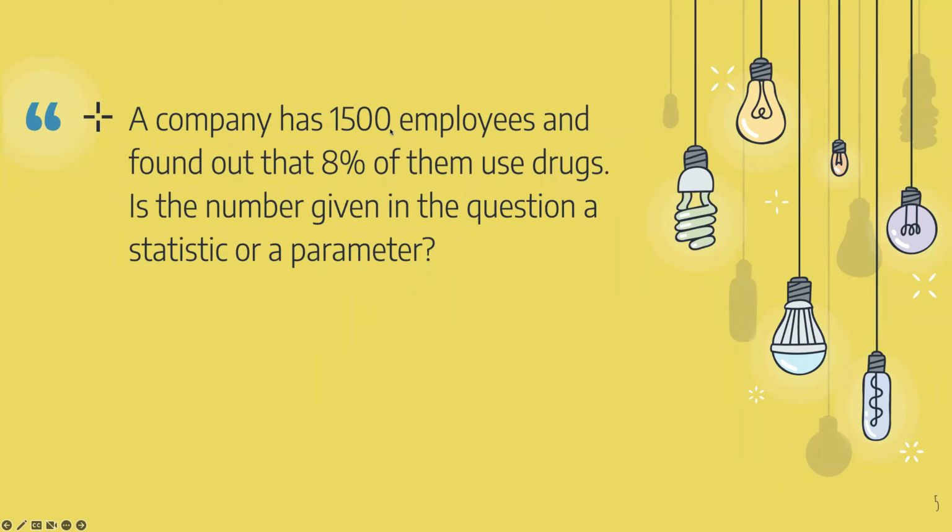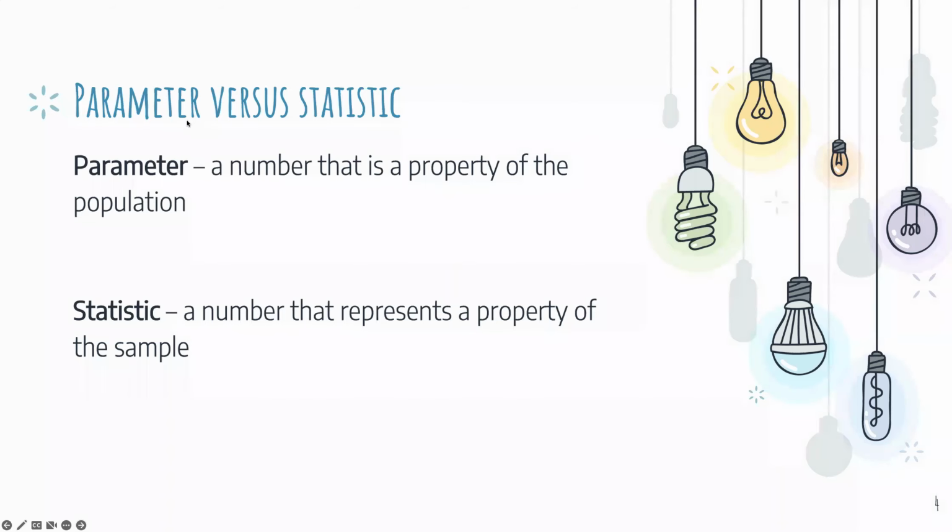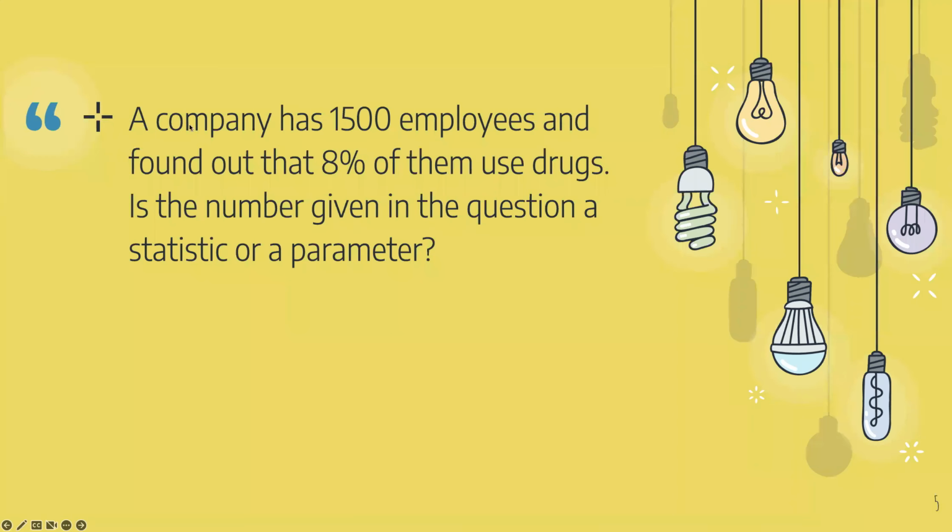So think about this. When you take a sample, the problem has to tell you that out of this amount, we took this number of employees. From what I can read in here, we have a company that has 1,500 employees total.